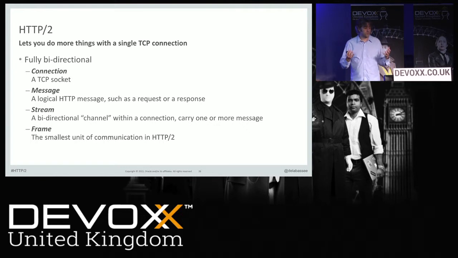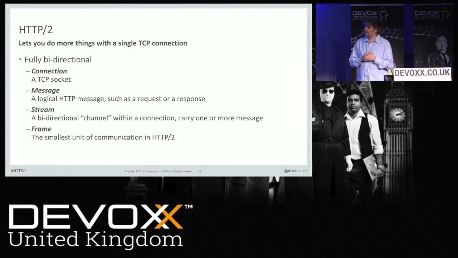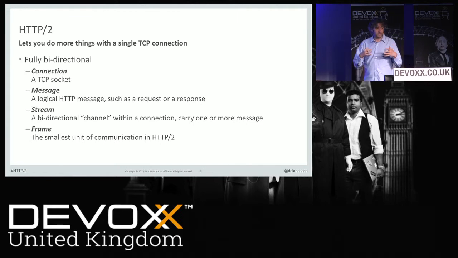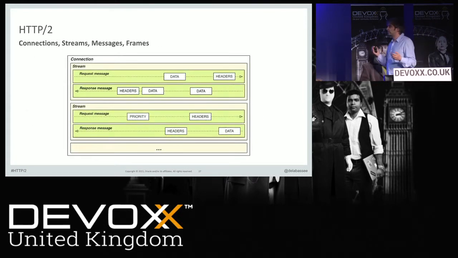HTTP 2 has the notion of a stream. A stream is basically a bidirectional channel between the client and the server. Those streams are broken into frames, binary frames. That means that over our physical connection, we can have multiple streams. These diagrams explain that more clearly, I think.